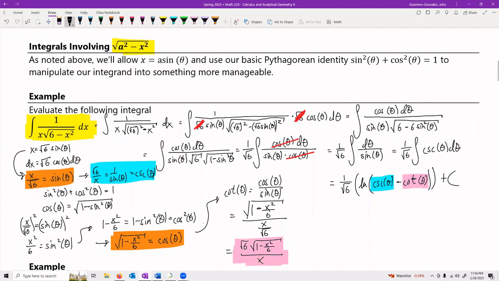So now our final answer is going to be 1 over square root 6.